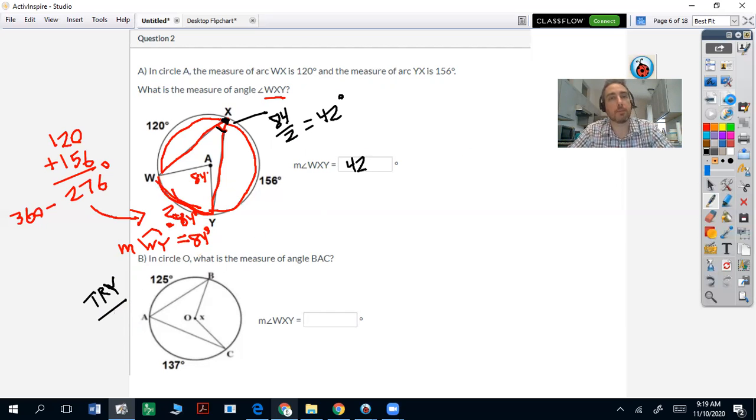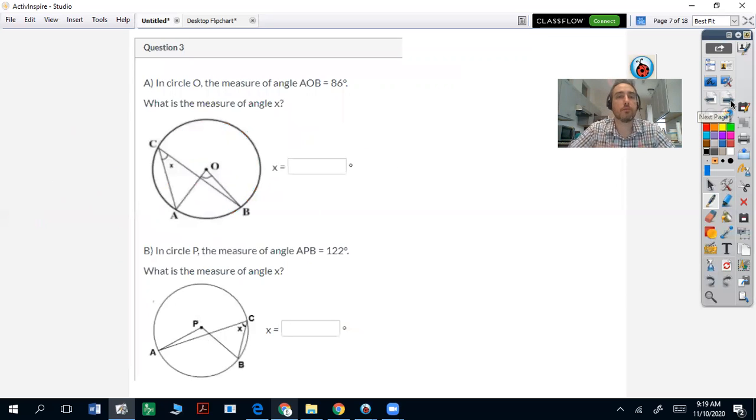All right, number 3. In this problem, angle AOB is 86. So if we draw angle AOB out, that's a central angle. That's 86 degrees, which means this arc is going to be 86 degrees.